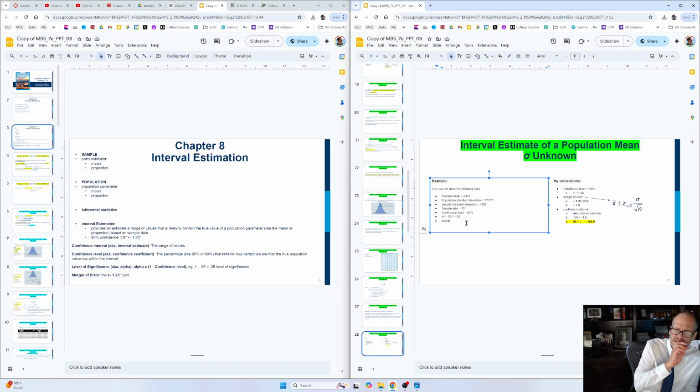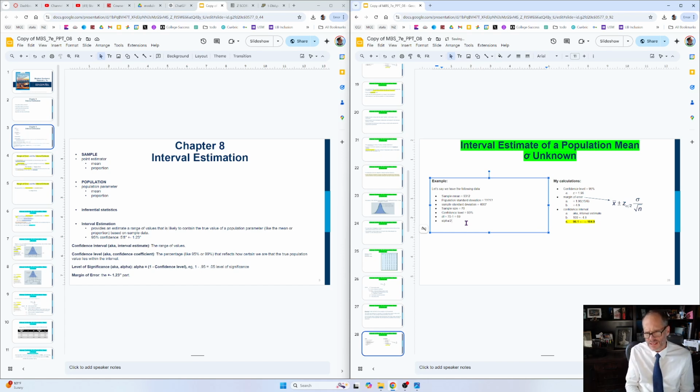My question is, do I do this for both tails, 95%, and divide by 2? Do I take my alpha and divide by 2 to get my t, or do I do just 5% in that top tail? I'm going to say it's divided by 2. I'm not sure that's accurate.